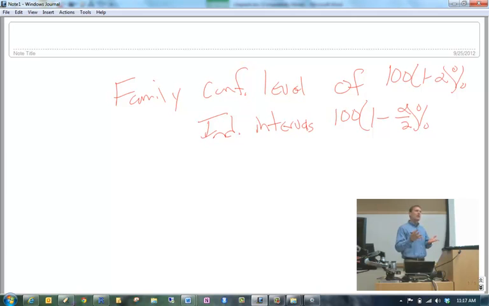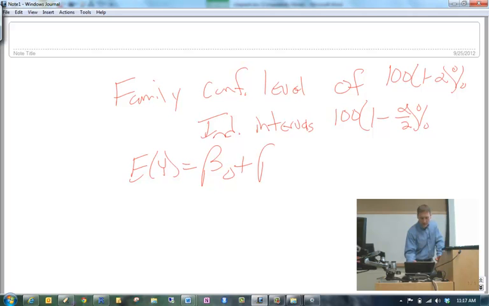Well, let's take this further. Let's say instead of having a model such as this, what we're going to be starting to talk about shortly in Chapter 6 is that you have a model that has two predictor variables, one called beta 1, one called beta 2, and I just add another beta to the model.